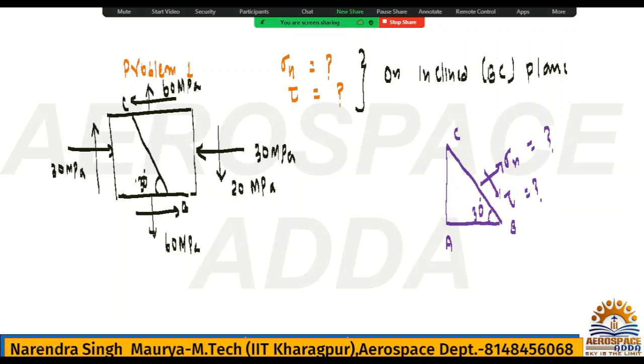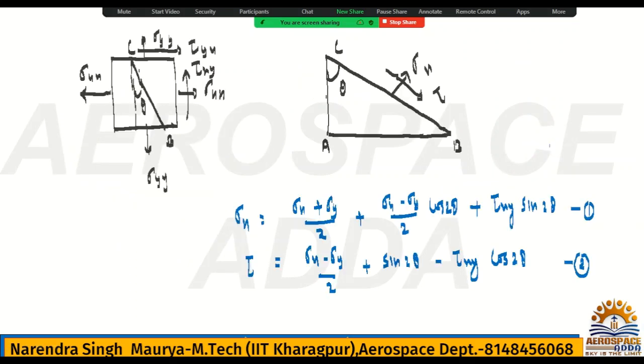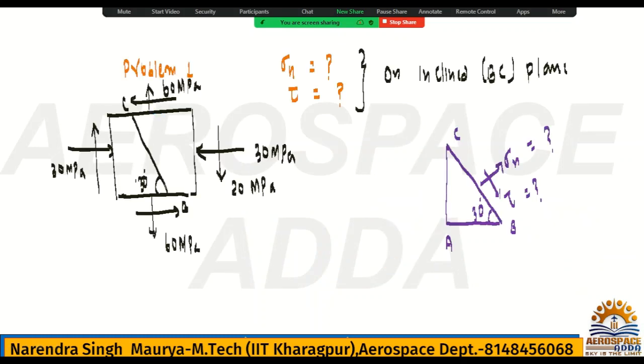So you can use your previous formula. How can you use it? Check. See, theta in the formula was from the vertical, but here this theta they have given is from the horizontal. So first of all you make the vertical angle. What will be this angle? This is 90, so 90 minus 30 will be 60.